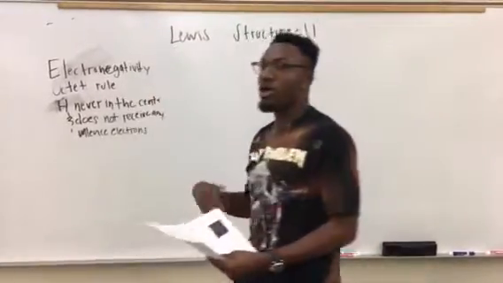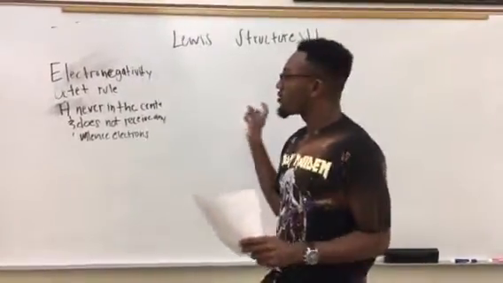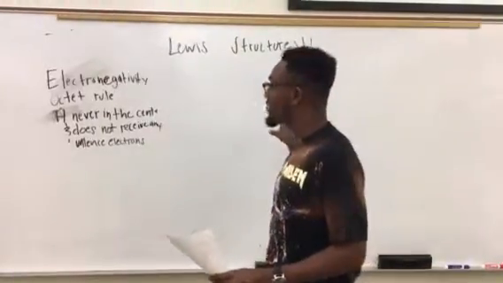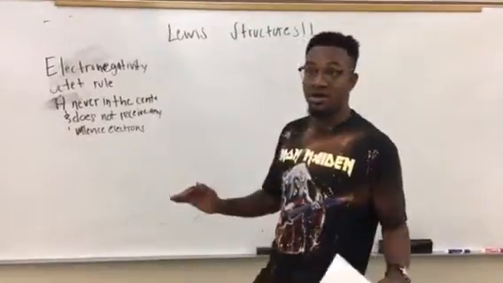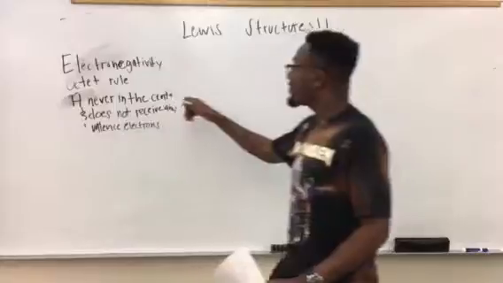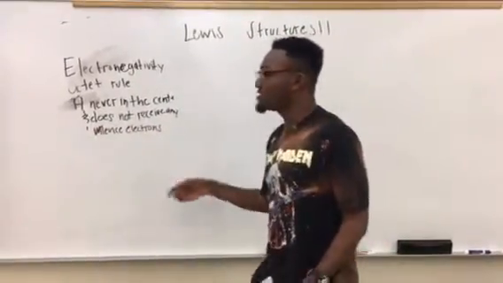Two, the octet rule: every element around should have 8 valence electrons around it, except hydrogen. We don't worry about hydrogen. Hydrogen doesn't matter in this world. And like I said, hydrogen is never in the center, and it does not receive any valence electrons.